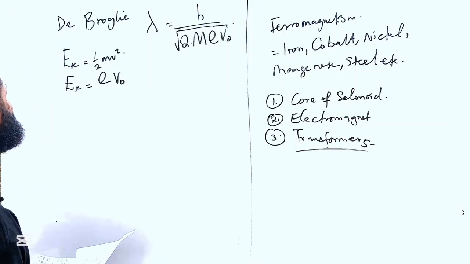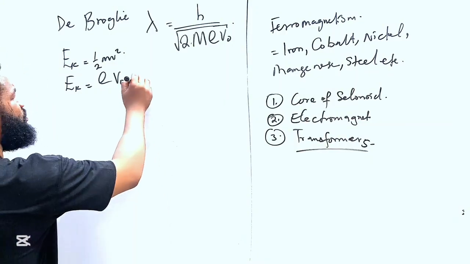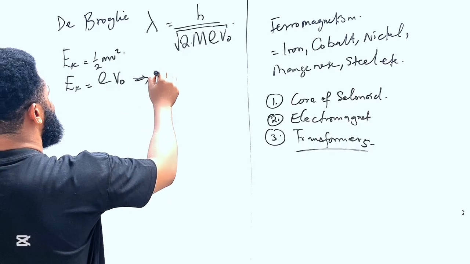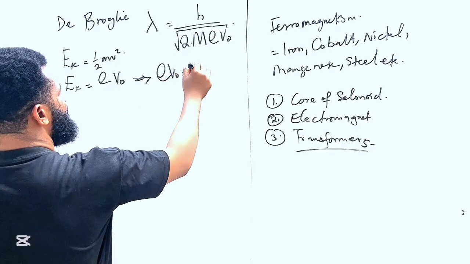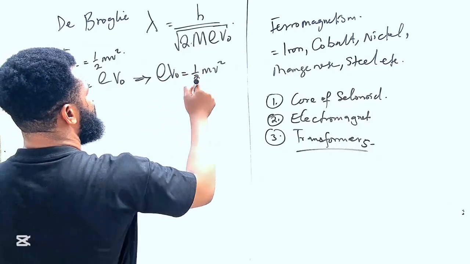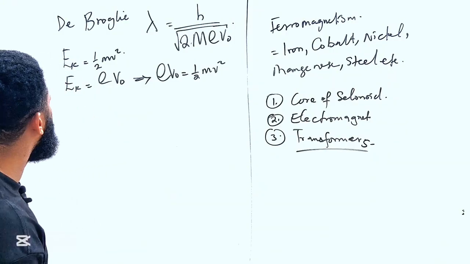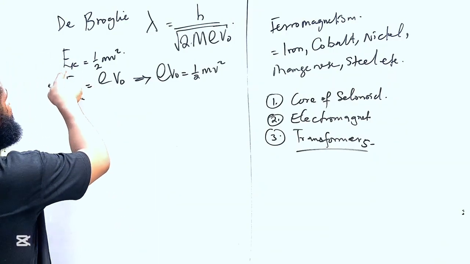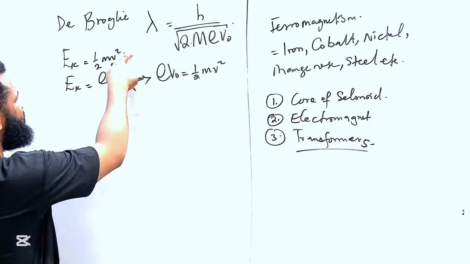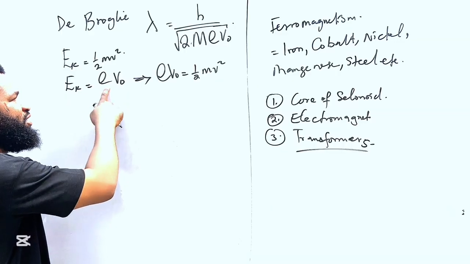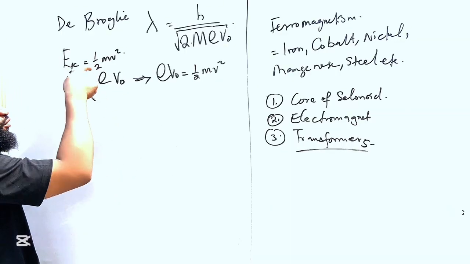All right, so at this point, I can quickly say that this implies that electron volt e V sub naught is given as 1 over 2 m v squared. Of course, that makes sense, because if kinetic energy is half mv squared and kinetic energy is e V sub naught, it simply means this must be equal to this.